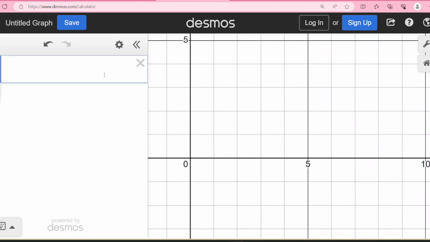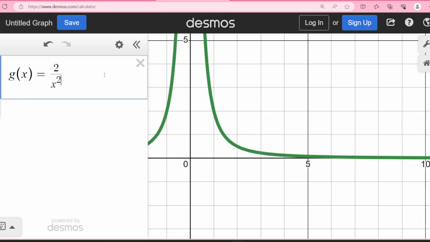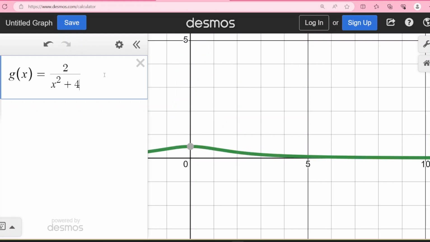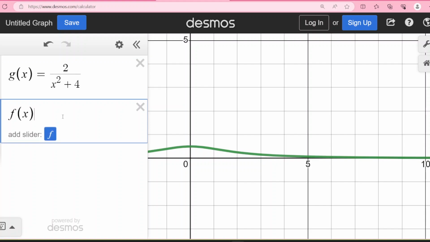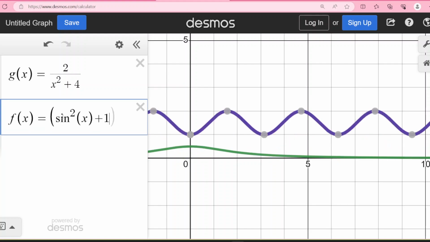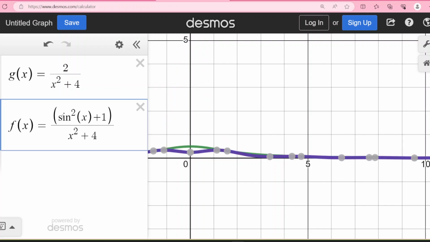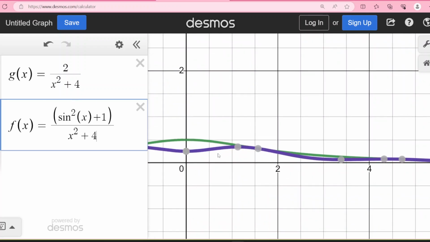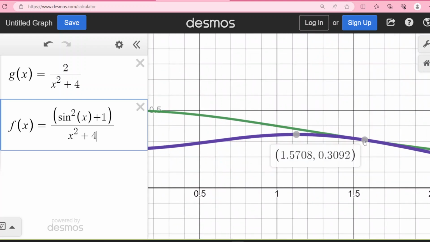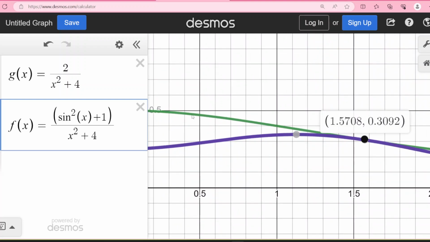Right, so again, the larger one is going to be that 2 over x squared plus 4. And the smaller one will be the integral we started with. The integrand was sine squared x plus 1 divided by x squared plus 4. And you see they are equal at one point, but the green graph is 2 over x squared plus 4.